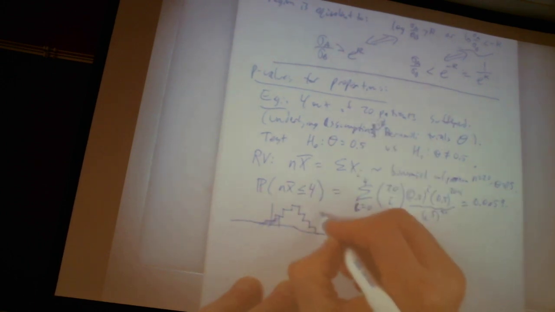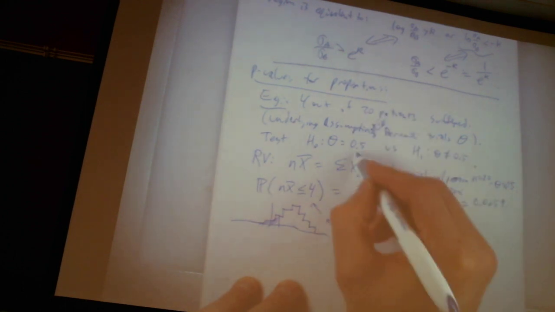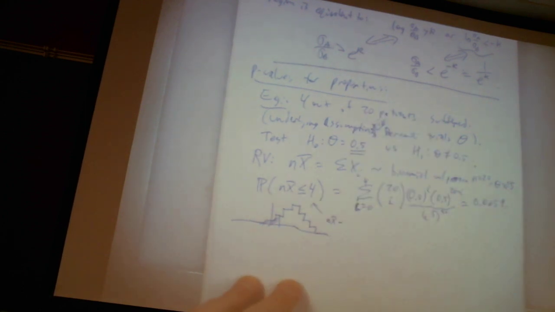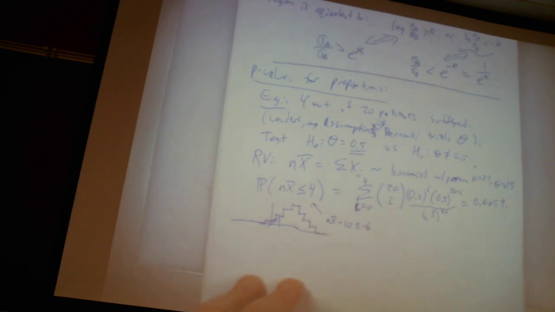So this is really equivalent to nx bar minus the mean, which, assuming theta is a half, would be 10. So nx bar minus 10 is less than, well, -6. But that's just one side. We want to catch both. What we really want is the probability that the absolute value of nx bar minus 10 is at least 6.